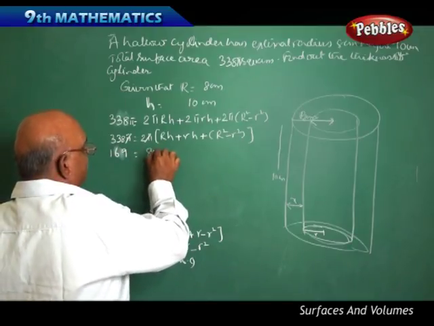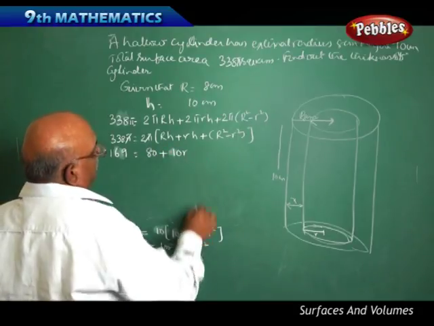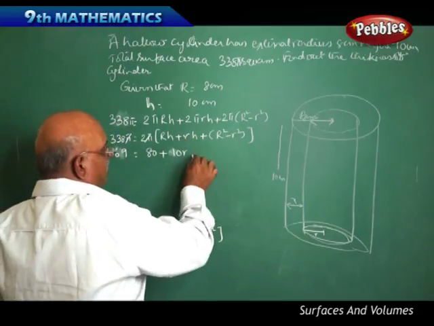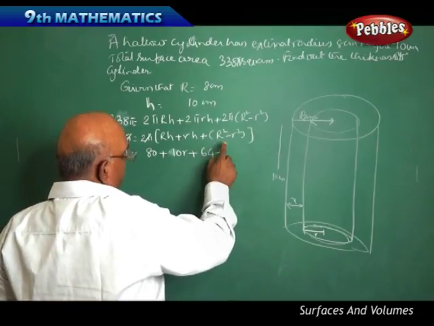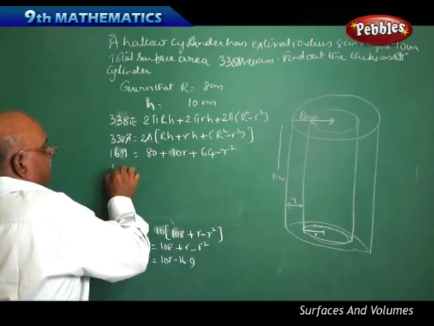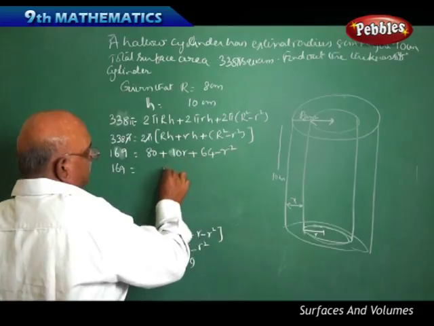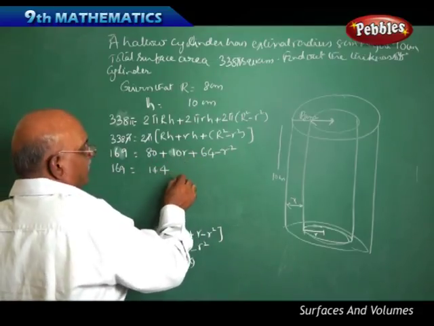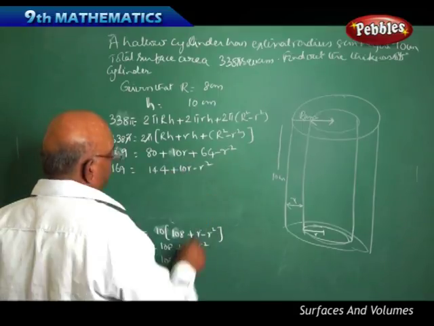Therefore, this is 80 plus 10r, because h is 10, so 10 small r, plus capital R square, which is 64, minus small r square. Therefore, you can write 169 is equal to 80 plus 64, that is 144, plus 10r minus r square.